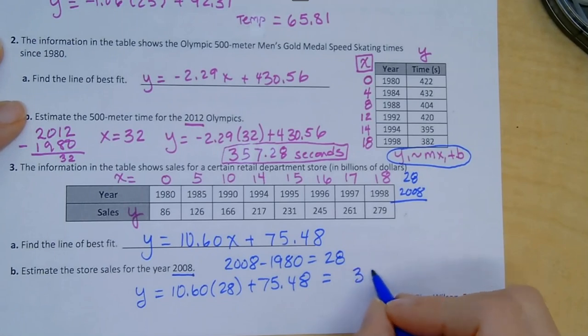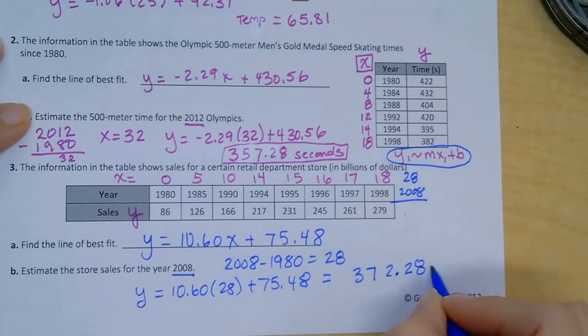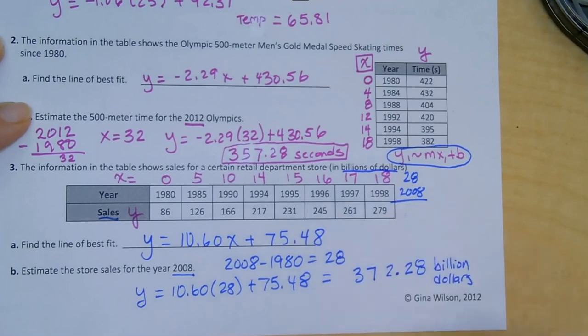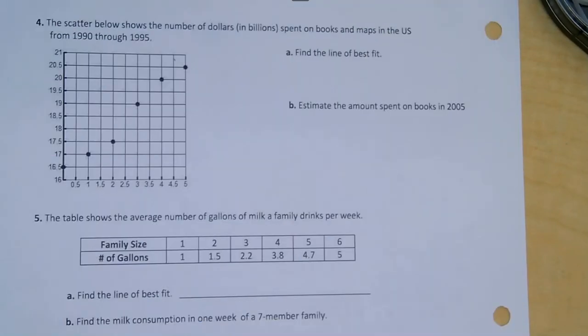My answer is $372.28 billion. I know that because I was told that sales are in billions of dollars. They told me that in the problem. Okay, so that's my answer, $372.28 billion.